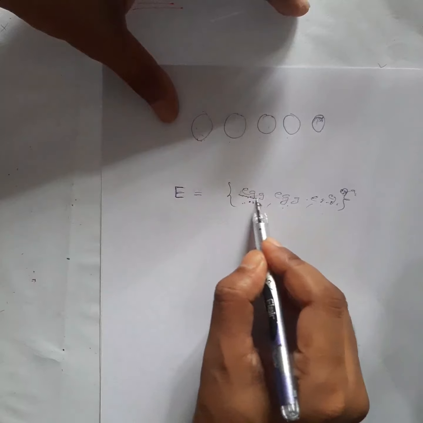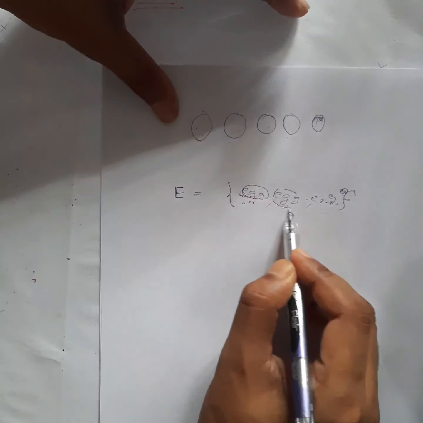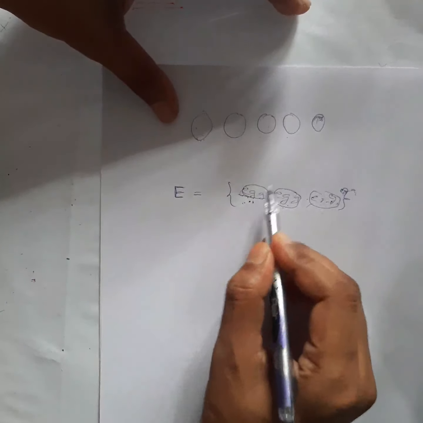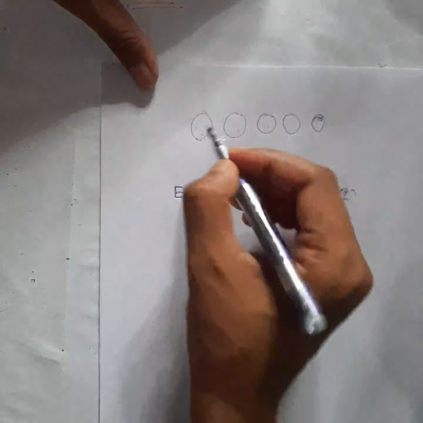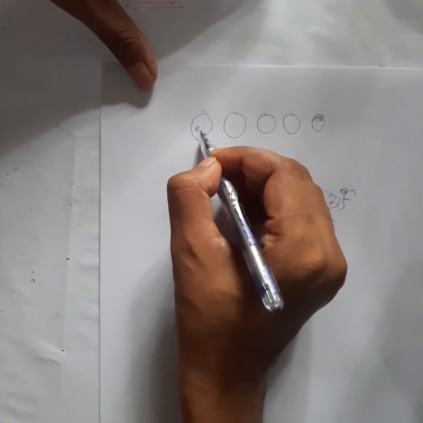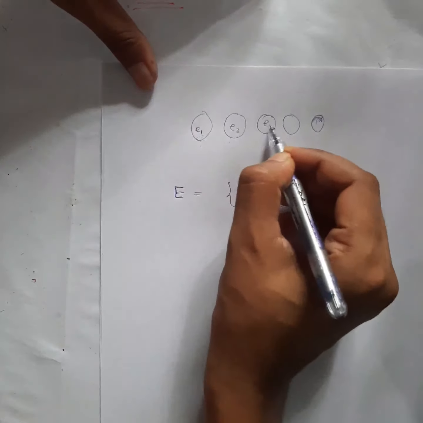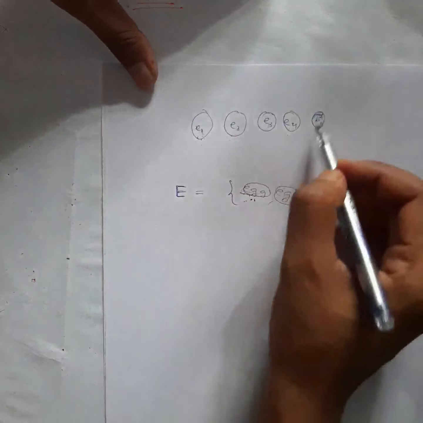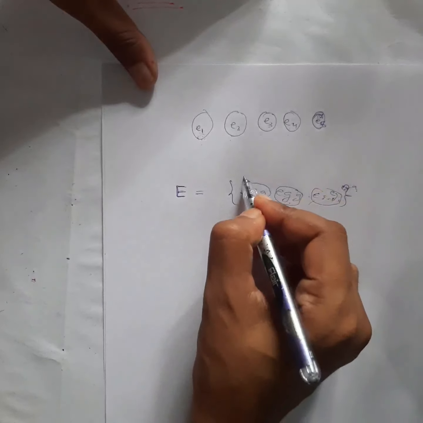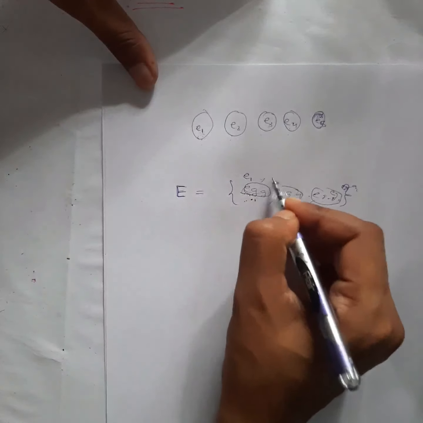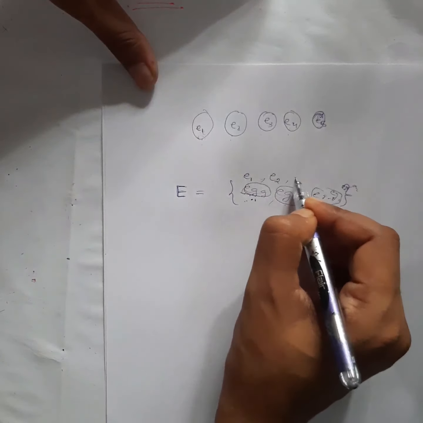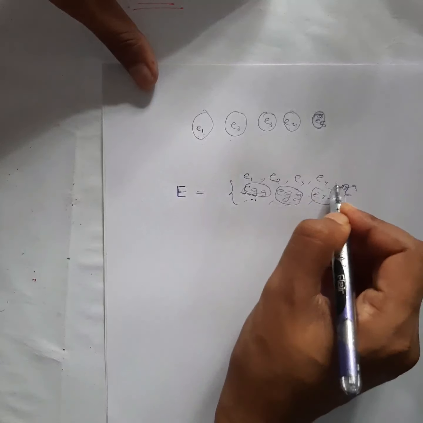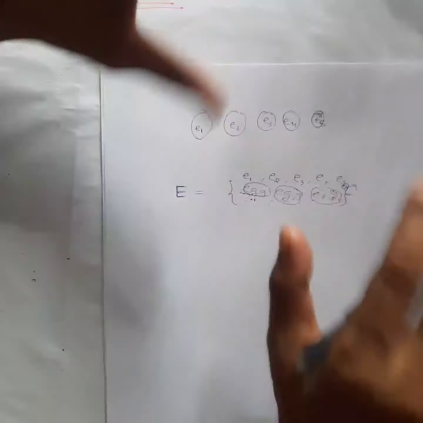So that's why whenever you have identical objects, remember we name them. For example, I will name these eggs E1, E2, E3, E4, E5. Now when you write down this collection in the set, E1, E2, E3, E4, E5, if you change the position also it does not matter.